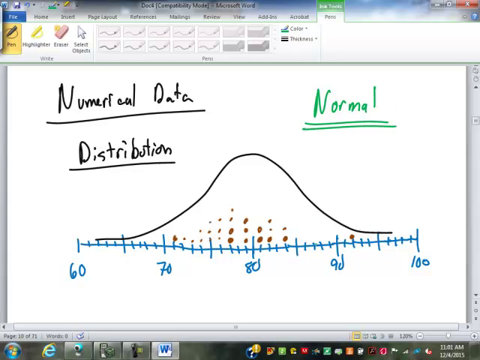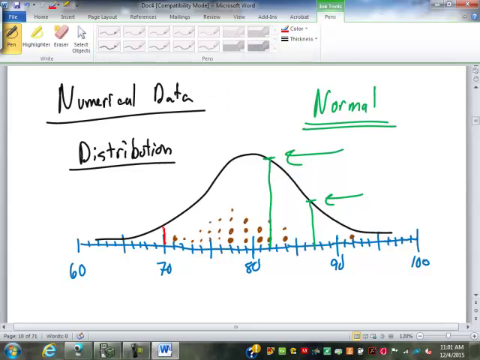Now looking at this, let's say I have 87 here, or 82. Would I expect more students to have a score of 87 or 82 according to this curve? 82, yeah, it's much higher here than it is here, isn't it? The height of the curve shows how many people we would expect to have that score.